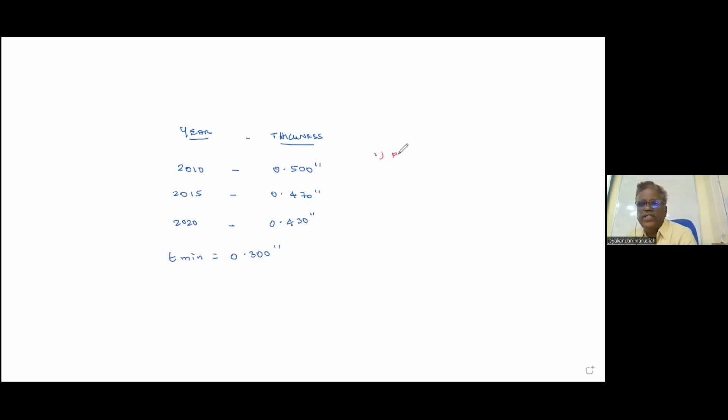inspection, visual external and UT thickness. So please calculate this.